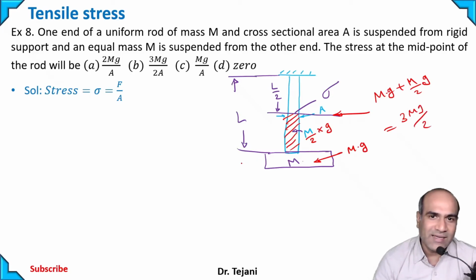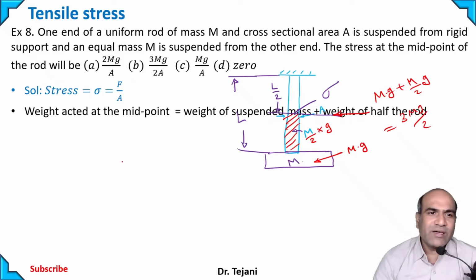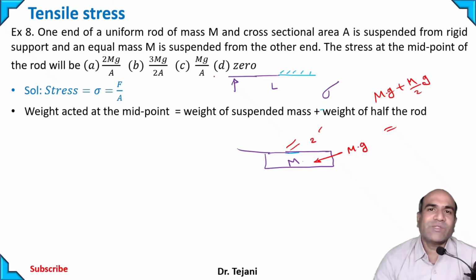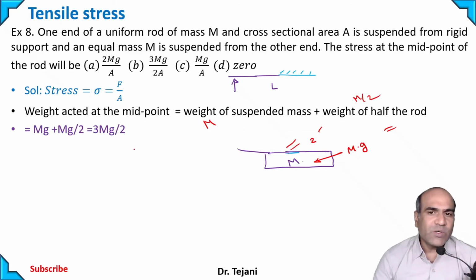You got the answer. So here, the weight acting at the midpoint is equal to the weight of the suspended mass plus the weight of half of the rod. We have seen a similar case: the weight of the suspended mass, that is m, and half of the rod, that means m by 2. So it is mg plus mg by 2 is equal to 3mg by 2, that is the force.